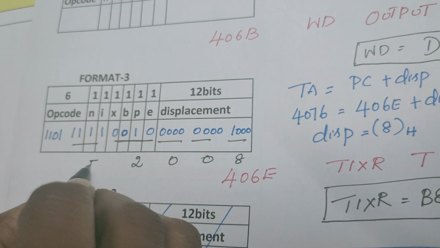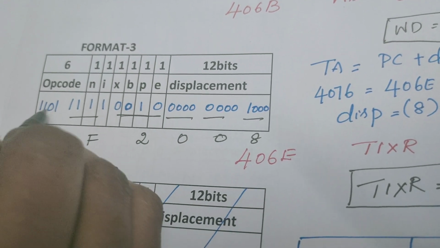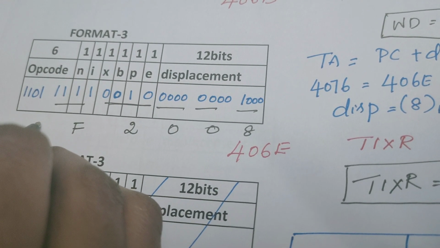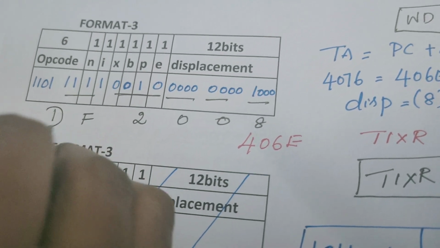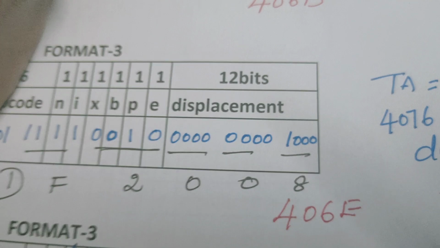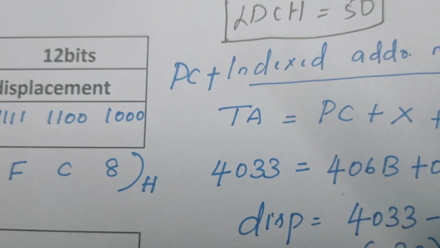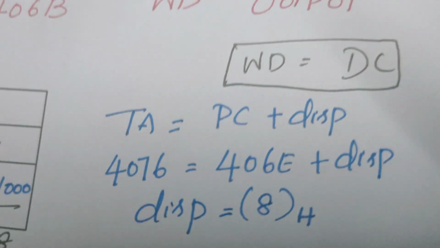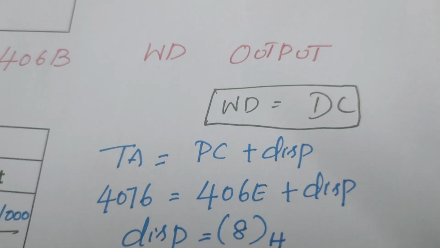This is F. 13 means it is D. Right? So for this instruction, the object code we got is DF2008. And TIXR T. This instruction is once again a format 2 instruction.